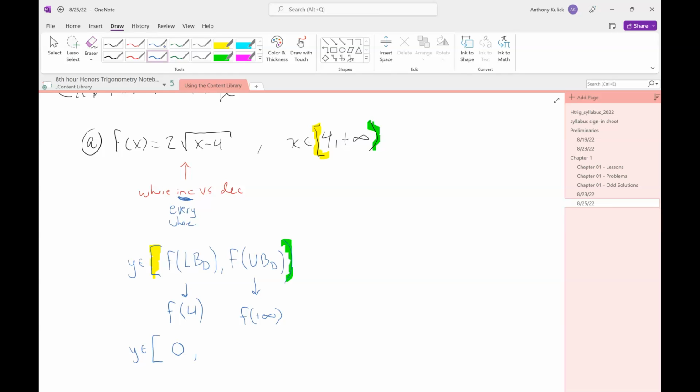I'm doing f of positive infinity. Now here I have to be a little bit creative. If I take infinity and I subtract 4, what do I have? Infinity. If I take the square root of infinity, what do I have? Still infinity. If I do 2 times infinity, what do I have? Still infinity. Everybody's okay with that notion?